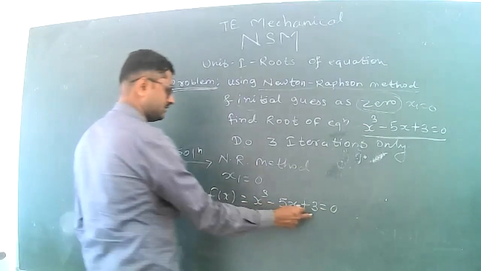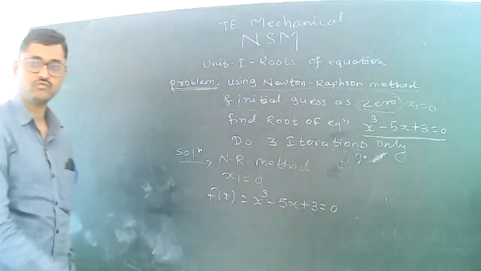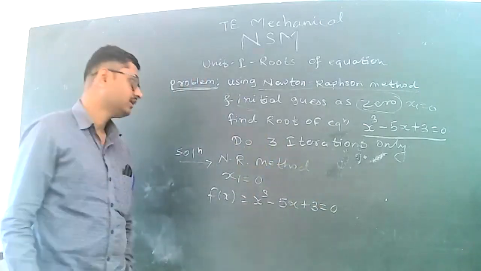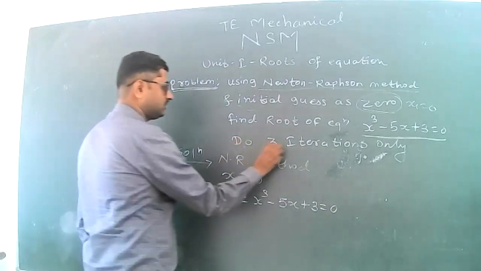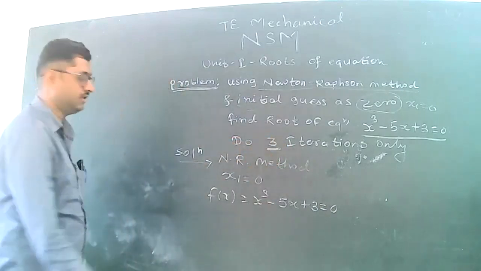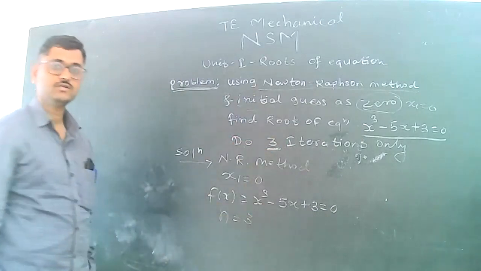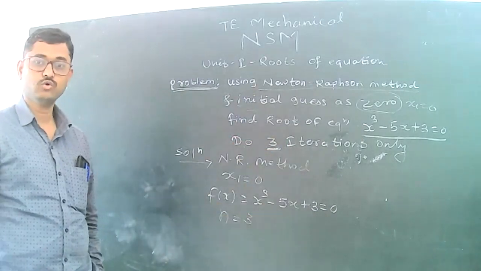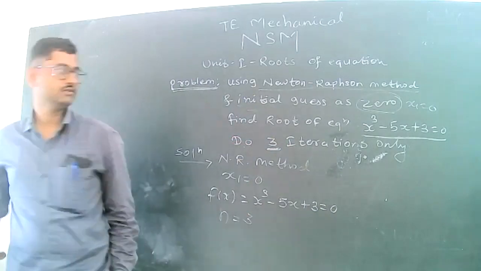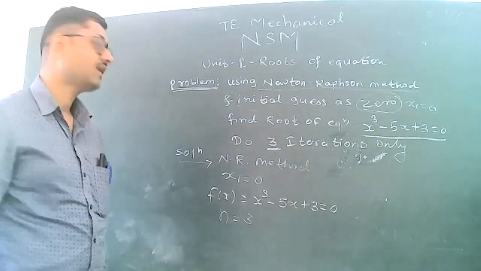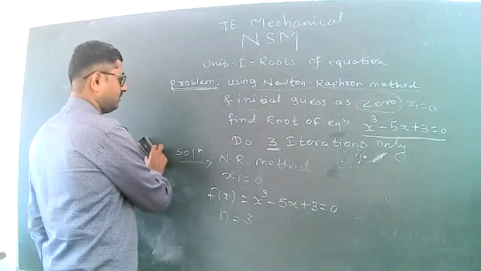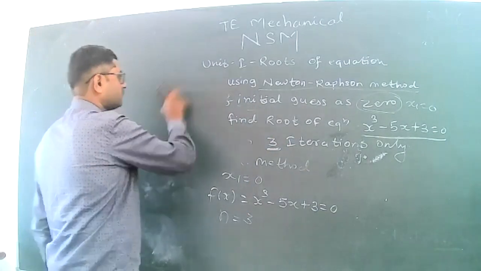Next, do 3 iterations only, which means N is equal to 3. So let us solve this numerical based on the Newton-Raphson method for iteration criteria.